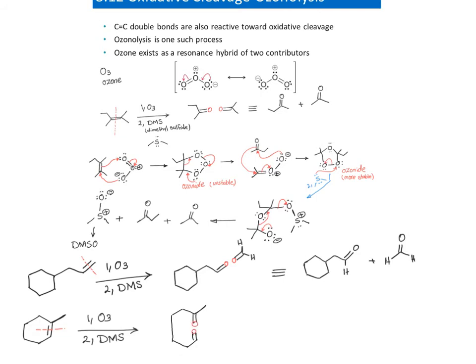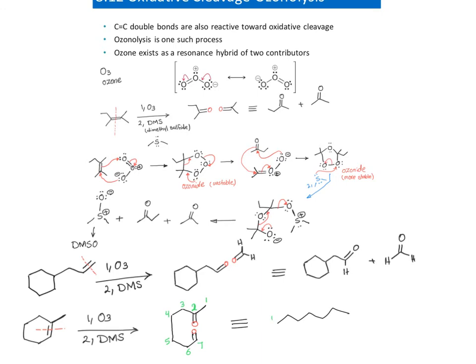Now to draw the structure in a more pretty way, I suggest you number all the carbons. So this is 1, 2, 3, 4, 6, 7. So we are gonna have a chain of 7 carbons.